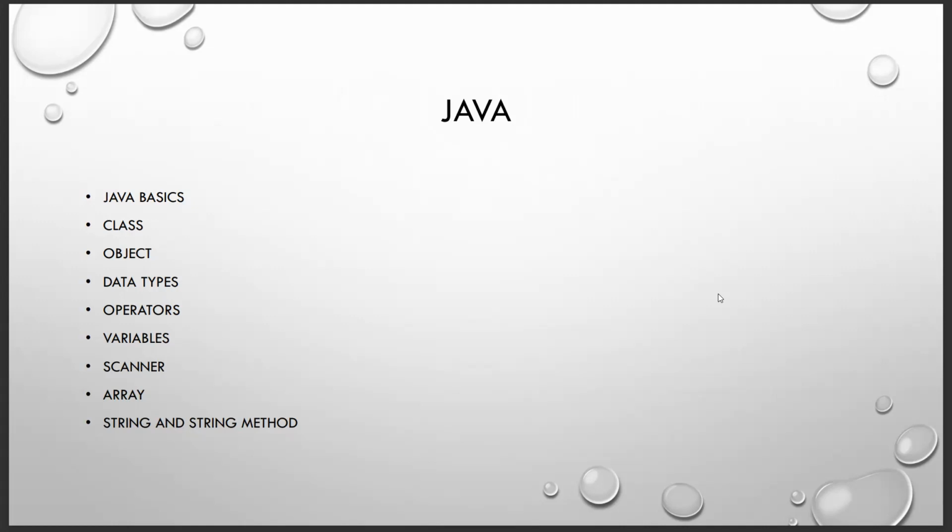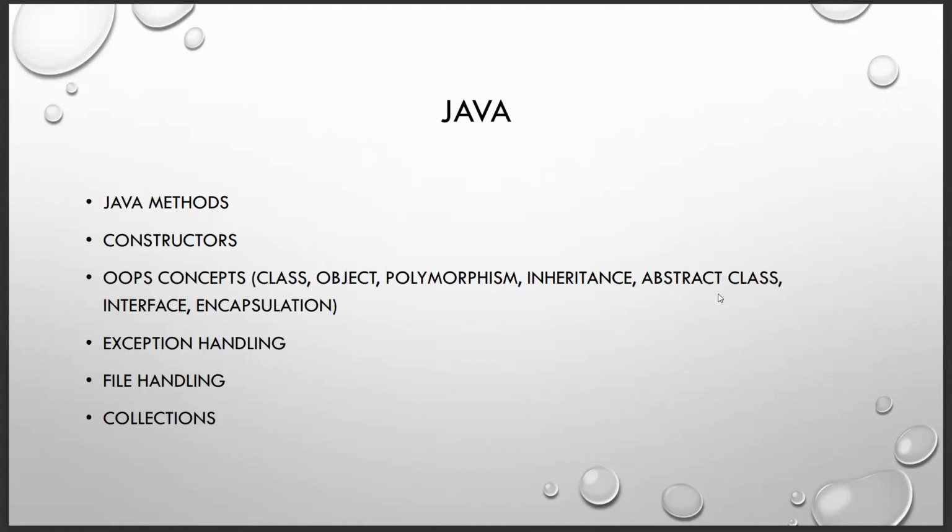So we come to the part where you learn what a class and object are, and what the data types, operators, variables, scanner, array and string methods are. All of these come under the very basic Java programs, because we want you to have these in great detail.